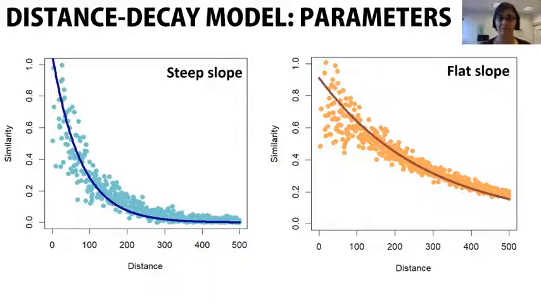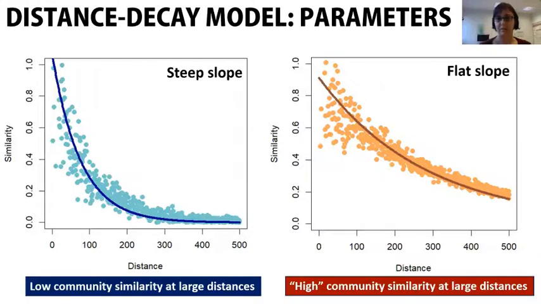In the blue one, we have a steep slope. We can see that when spatial distances are quite long, the similarity is low, while this is not the case in the brown one. And we have high community similarity at large distances.